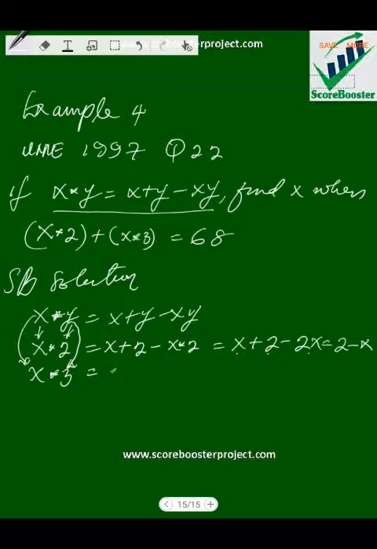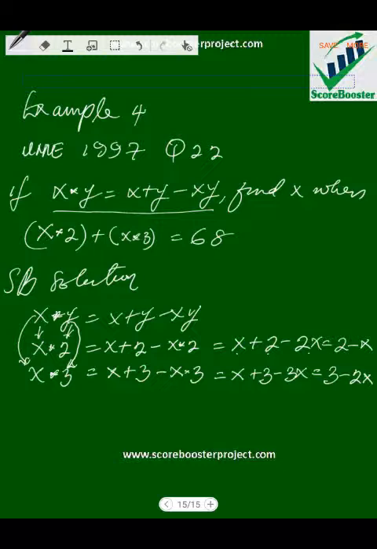So I'm going to have x plus 3 minus x times 3. This will be x plus 3 minus 3x, and that will give me 3 minus 2x.